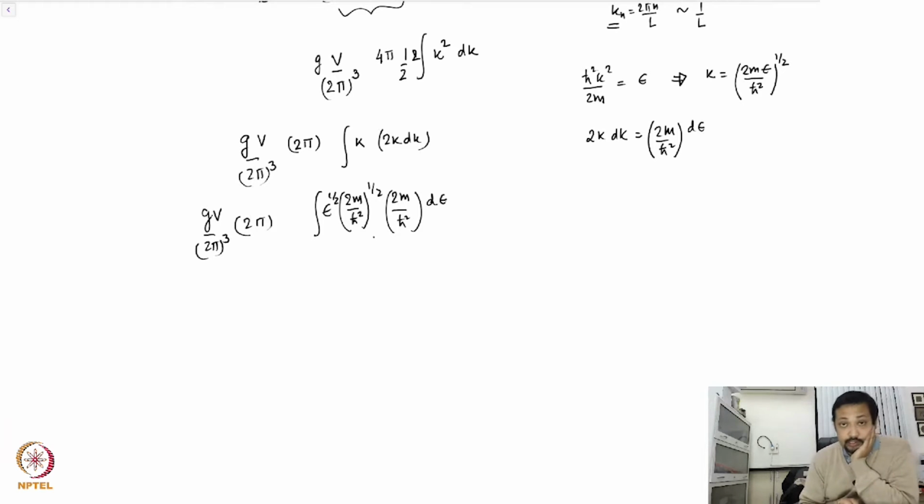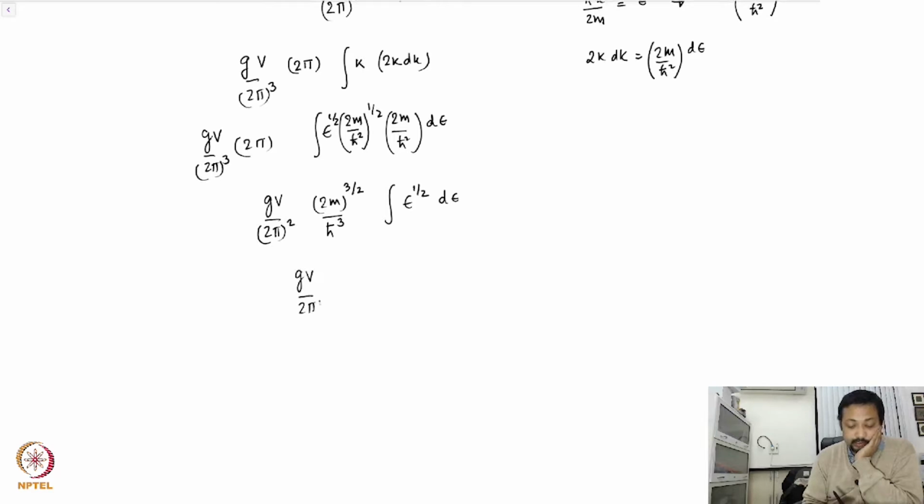So all the constants come outside the integral, so that I have g_v over 2 pi whole square, and then I have twice m raised to the power 3 by 2, and h bar whole cube, times the integral of epsilon half d epsilon.